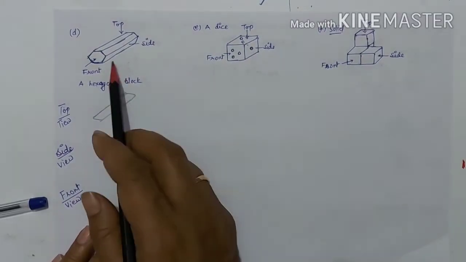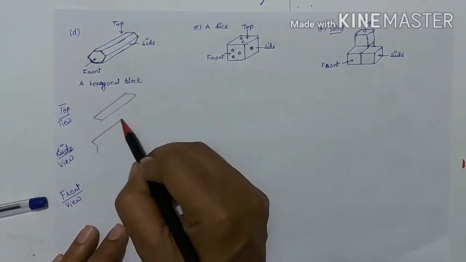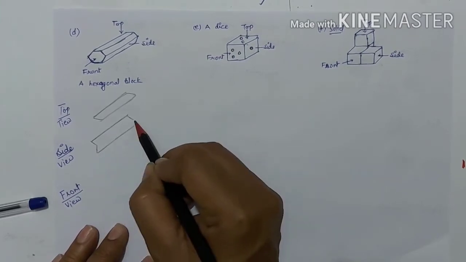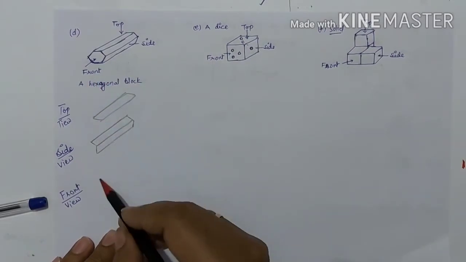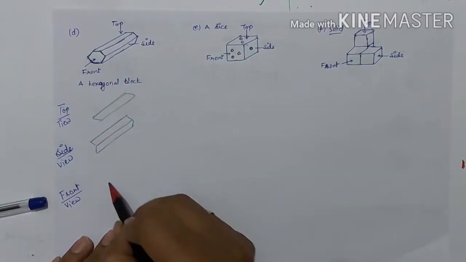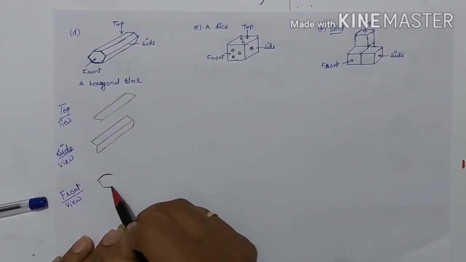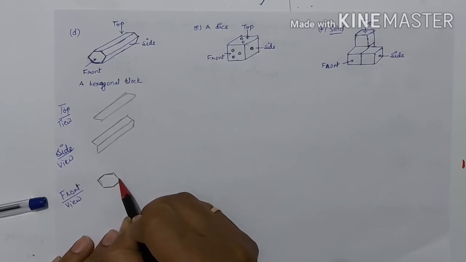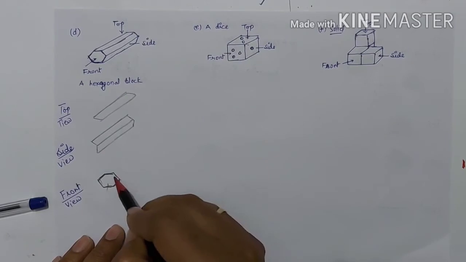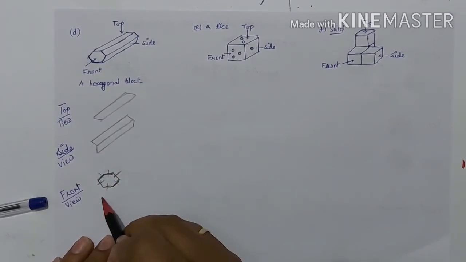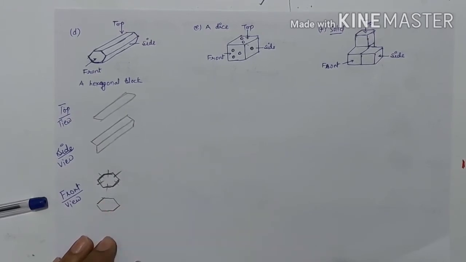Side: this type. And front is 1 2 3 4 5 6. It means 1 2 3 4 5 and 6.